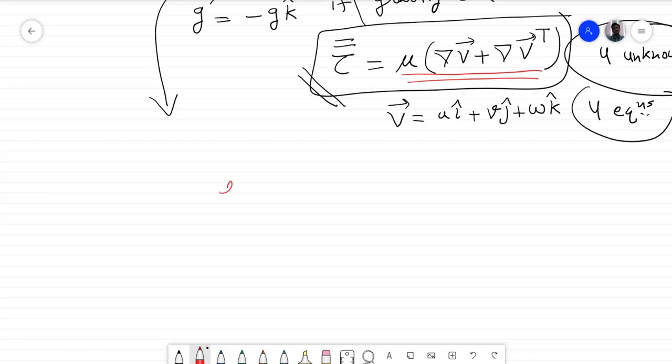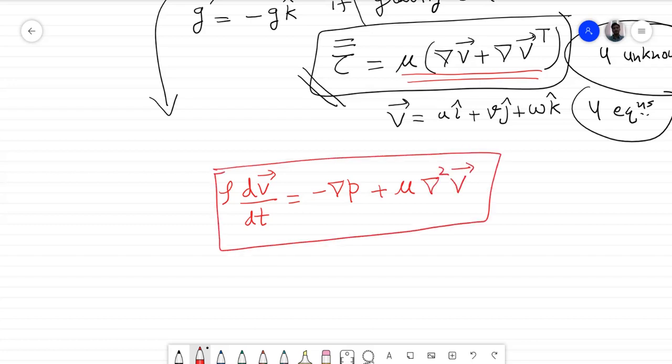What you will get is rho, in short form, dv by dt equals minus del p plus mu del square v. You can derive this, and you will have to use the continuity equation to cancel out some of the terms that will come here.